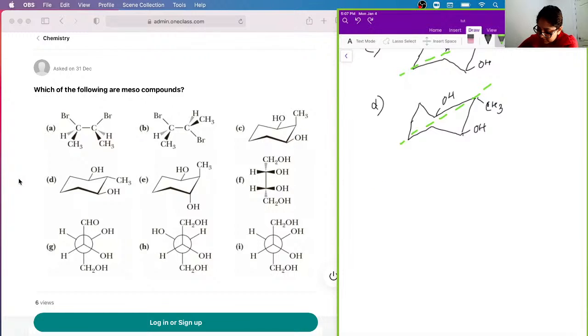We would draw this like CH2OH, H, and this is H sticking out.